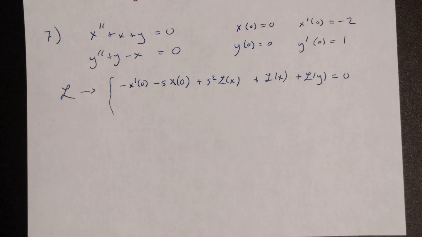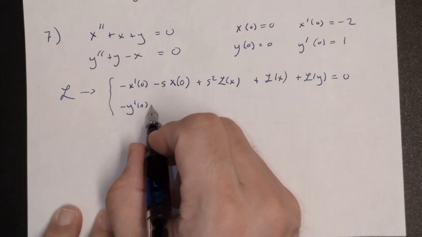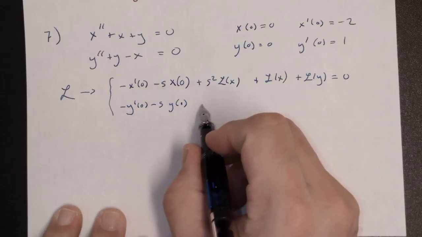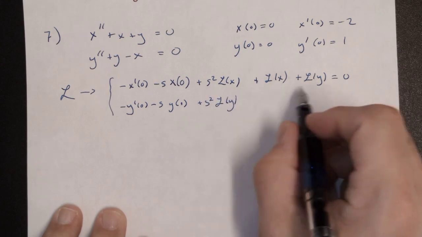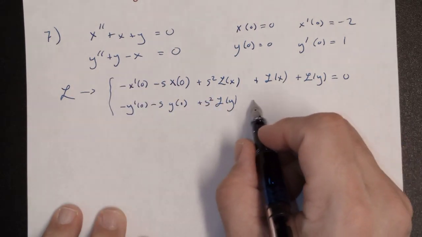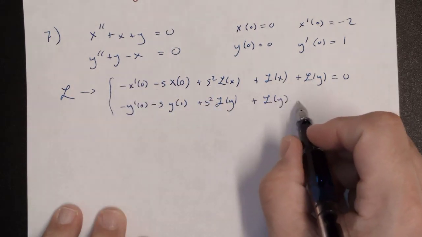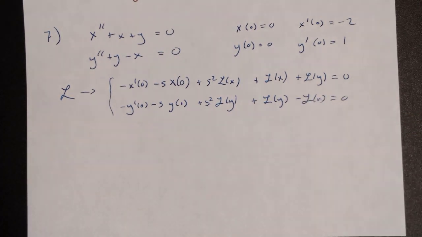I do the same thing on the second line, and it's actually the same thing just in y. And the x's and y's are just, oh, there's a sign difference. So I get plus Laplace of y minus Laplace of x. Now we put in all the numbers.